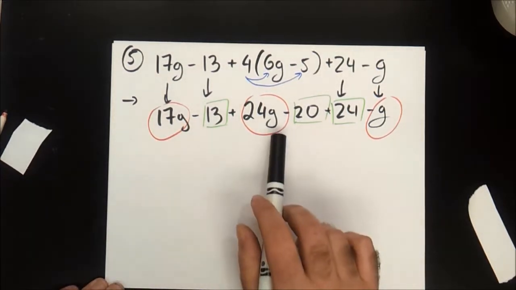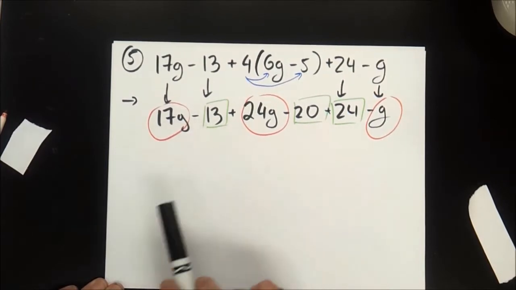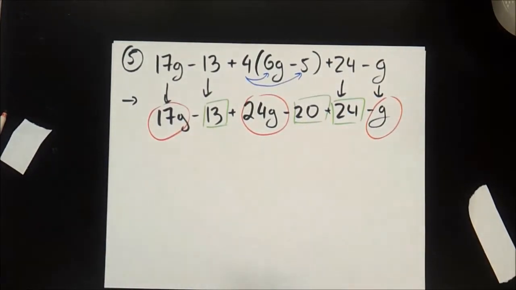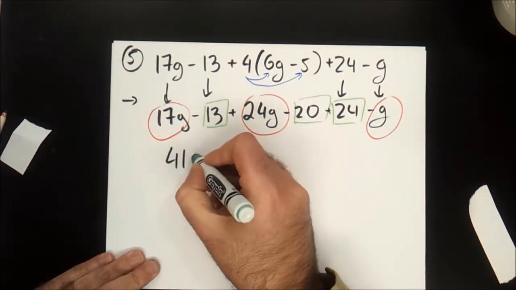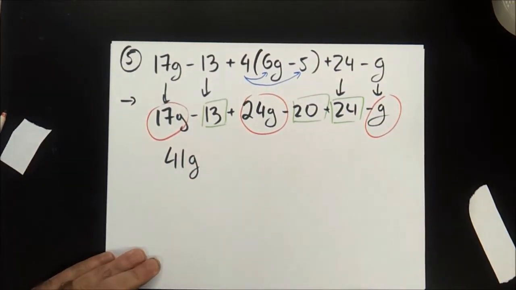17g plus 24g, ignore this minus, it's with a constant. So 17g plus 24g, that's going to give us, let's see here, 43g. I think that's right. Let me quickly go through it, no, 41g. All right, good.